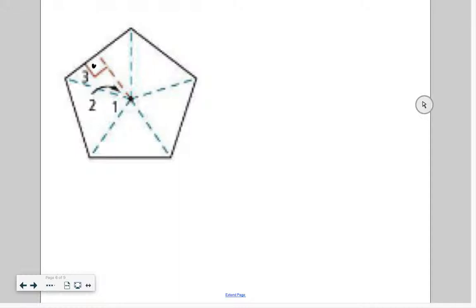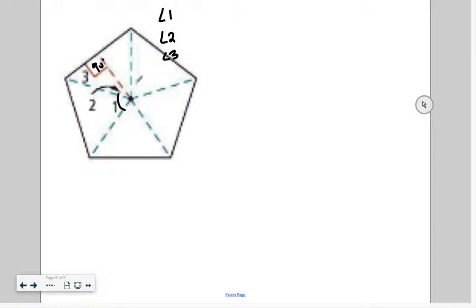So this is a 90-degree angle, and notice that it's also bisecting this angle. Now, this problem is asking for the measure of angle 1, angle 2, and angle 3. So we're going to start with angle 1. Angle 1 refers to this angle here.